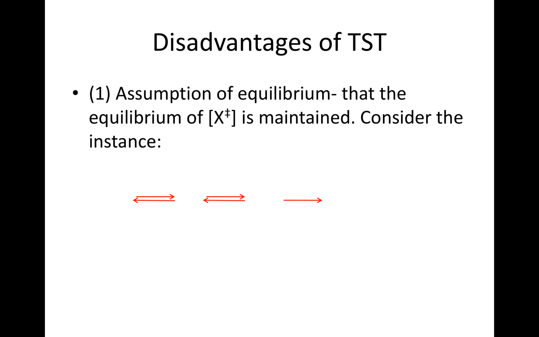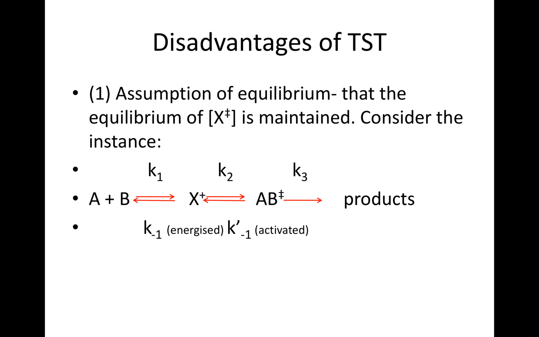Disadvantages of TST. 1. The assumption of equilibrium, that the equilibrium of X‡ is maintained, is a bit tricky. Consider the instance: A plus B, first equilibrium, k_1, k_-1 to give you X*. Second equilibrium to give you AB‡. And finally by k_3 to give you products.